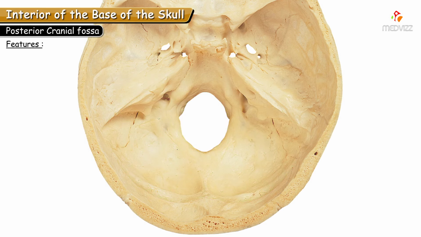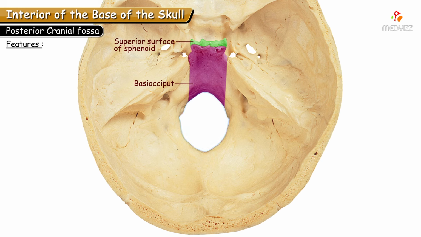Continuing with the features. The midline basi-sphenoid or basi-occiput makes a sloping surface which is present in front of the foramen magnum, and this sloping surface is called the clivus. So the clivus is the fusion of the superior surface of the sphenoid and basi-occiput.